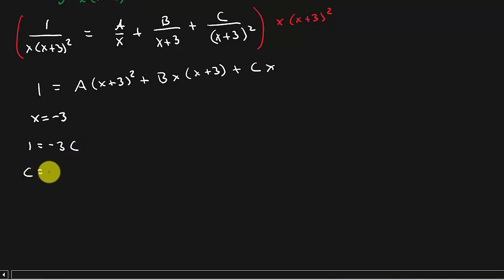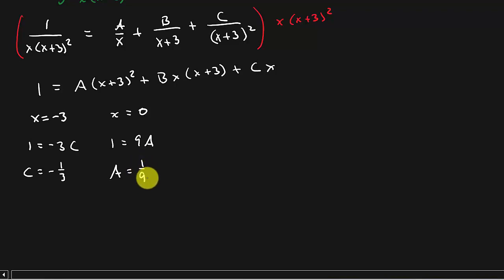And so that gives me c is -1/3. And then I can do x equals 0. That's going to knock this one out and this one out. And that'll leave me with 1 equals 9a, because 3 squared is 9. And so a is equal to 1/9.